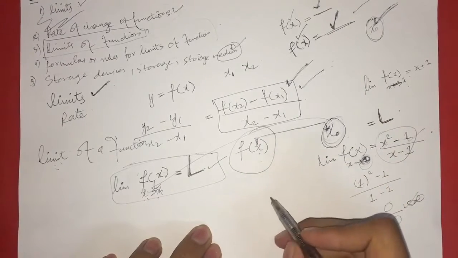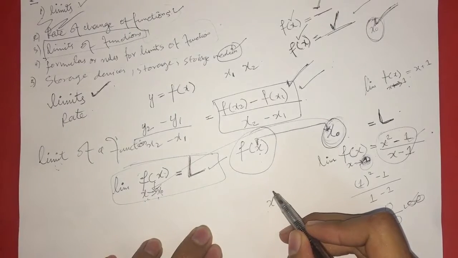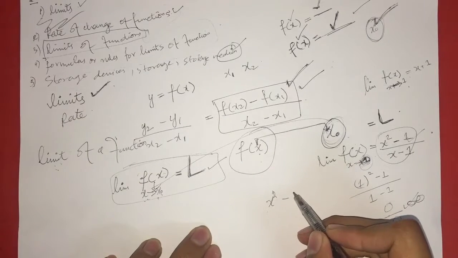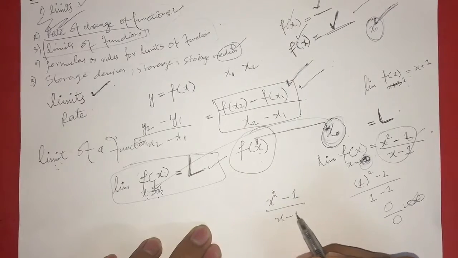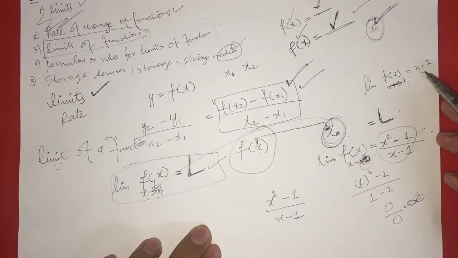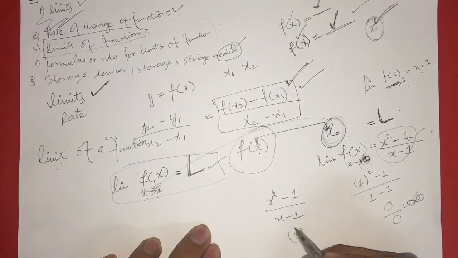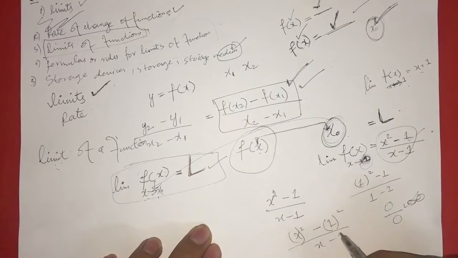We factorize the numerator. We have x square minus 1, divided by x minus 1. You can factorize it as x square minus 1 square, divided by x minus 1.